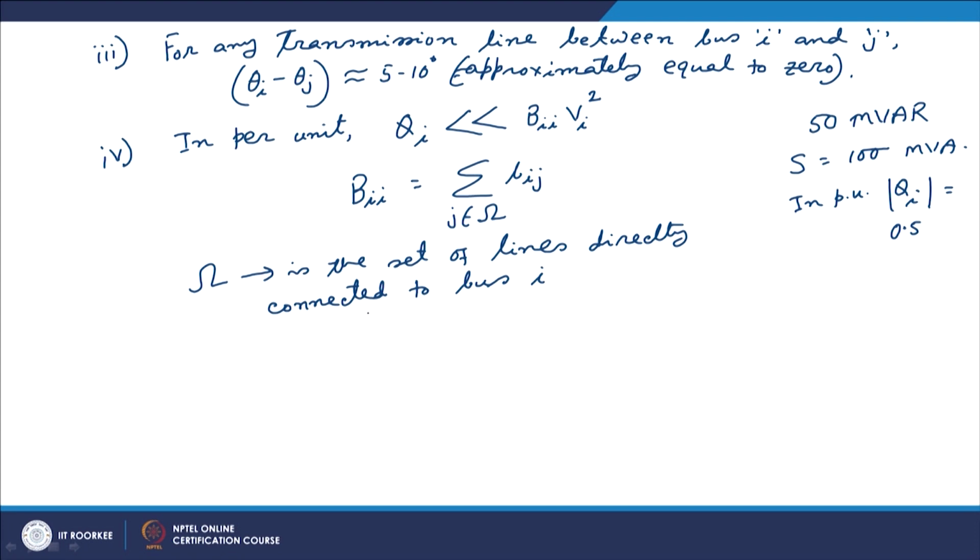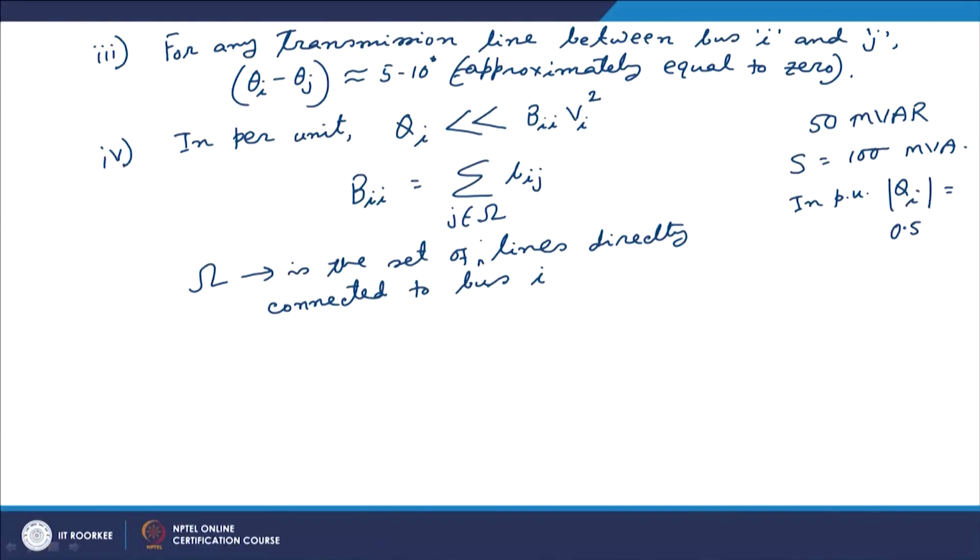So, omega is the set of the indices of lines directly connected to bus i.